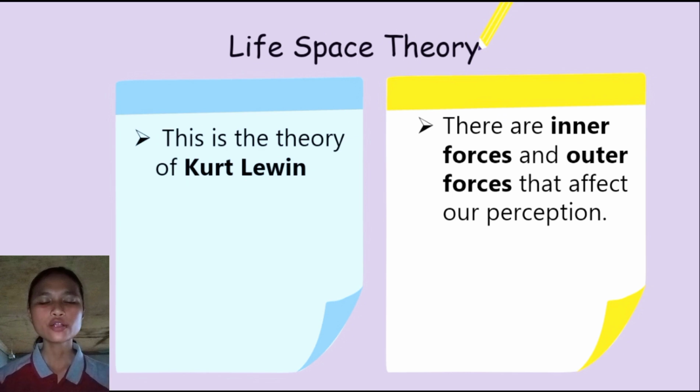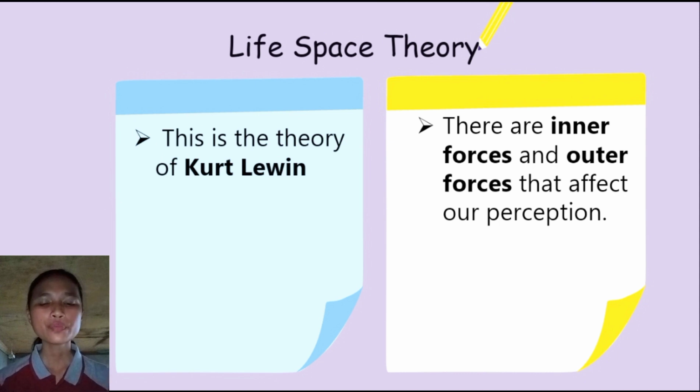In Gestalt psychology, we also have the life space. Life space is a theory of Kurt Lewin, and he said that an individual has inner and outer forces that affect our perception and also our learning.